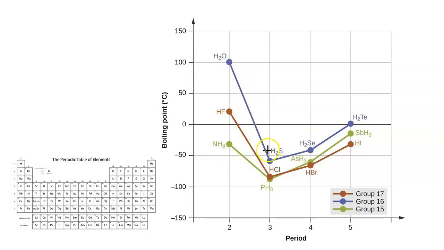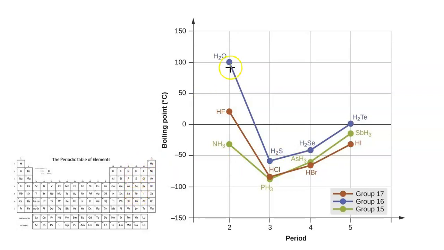If we follow this blue line here, this blue represents the oxygen family. So hydrogen's bonded to oxygen, and then sulfur, selenium, tellurium. So we're going down a group.